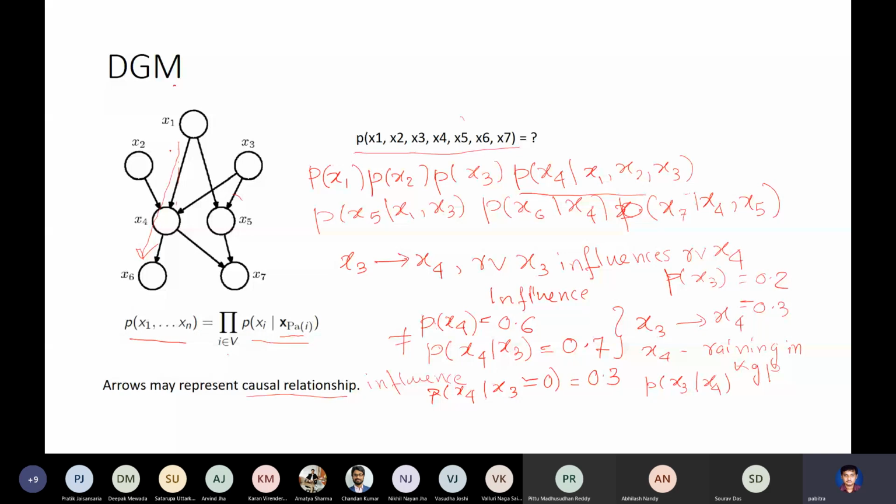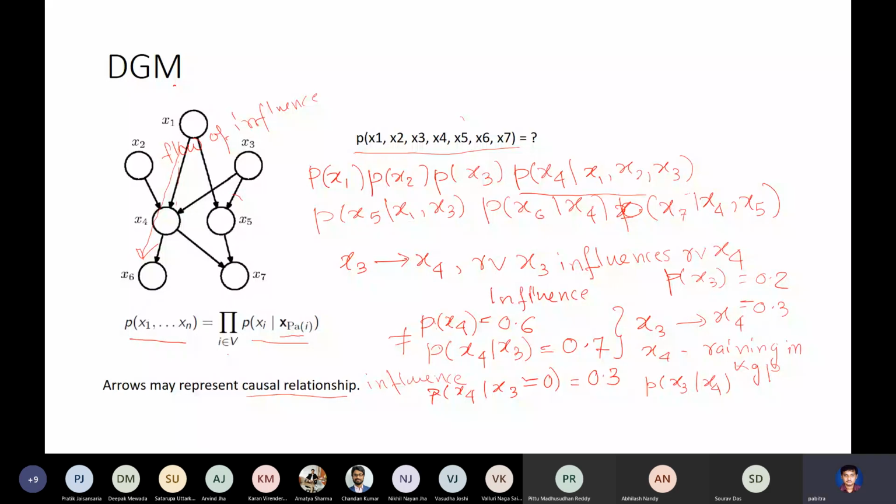What the Bayesian network and some graph theoretic results tell us is that, given a Bayesian network, by the way, this directed graphical model is sometimes called a Bayesian network, just by looking at the graph you can find out such long-range influences.